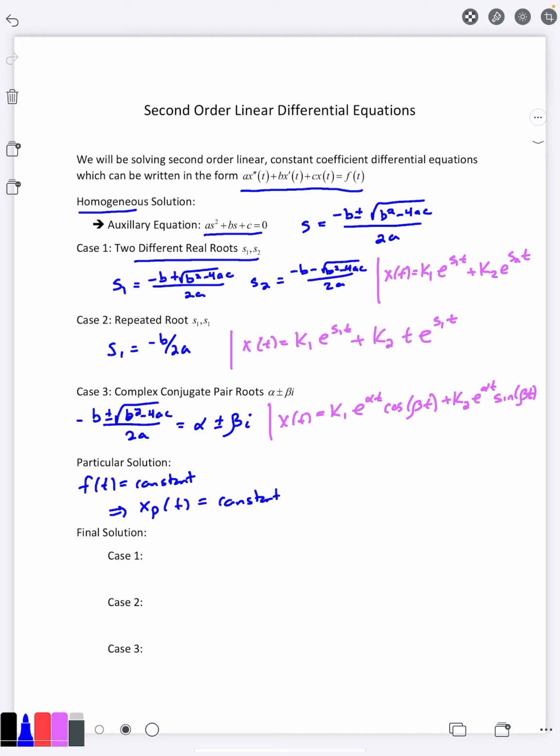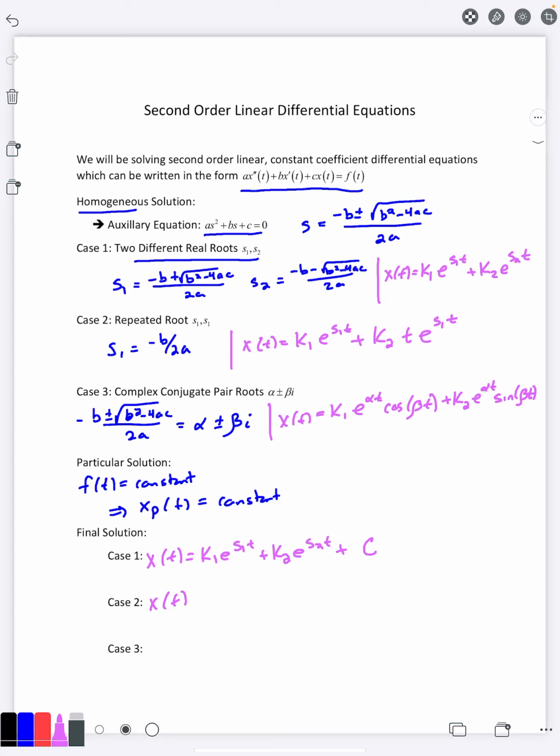So then my final solution for case 1 is going to be x of t is k1 e to the s1 t plus k2 e to the s2 t plus some constant c.